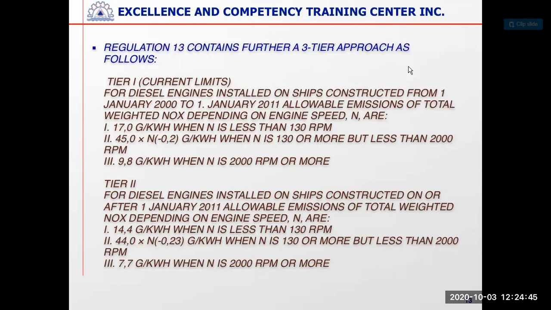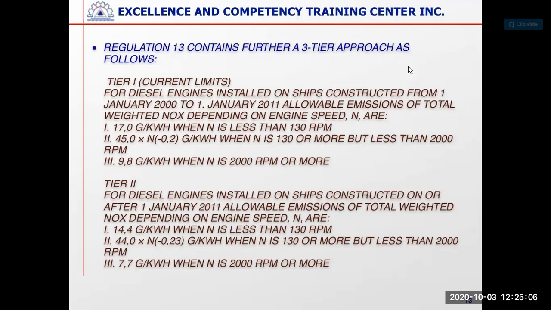If your RPM is between 130 and 2000, then 45 times n to the power minus 0.2 grams per kilowatt hour of NOx you can emit. And if it is more than 2000 RPM, then you can emit 9.8 grams per kilowatt hour.